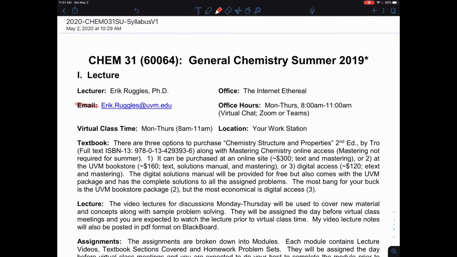Going through the points here at the textbook, there's three different options of buying the textbook. First off, what are we using? Well, we're using Tro's Chemistry, Structure and Properties. Right there is the full ISBN number, and there's really three ways to do it.